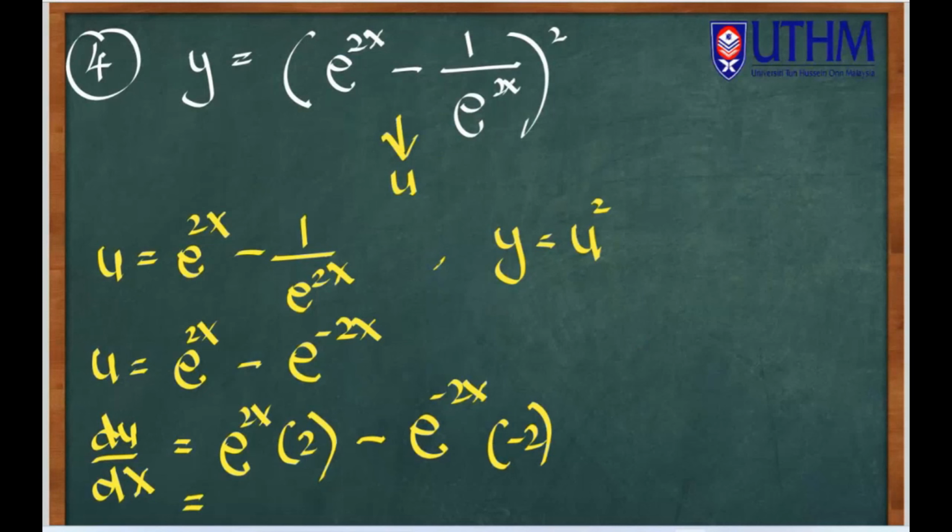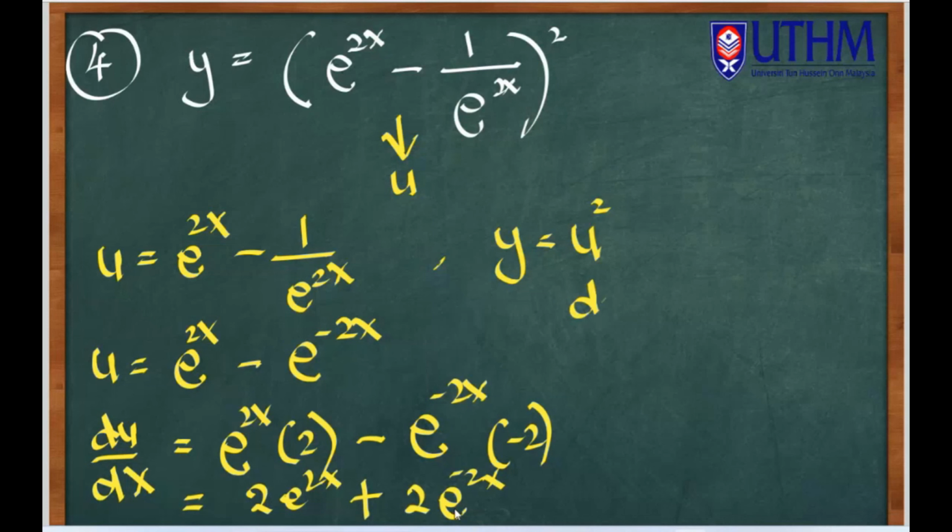So finally, here we will get 2 exponent 2x plus 2 exponent negative 2x. This is our du/dx. Meanwhile, our dy/du is equal to 2u.